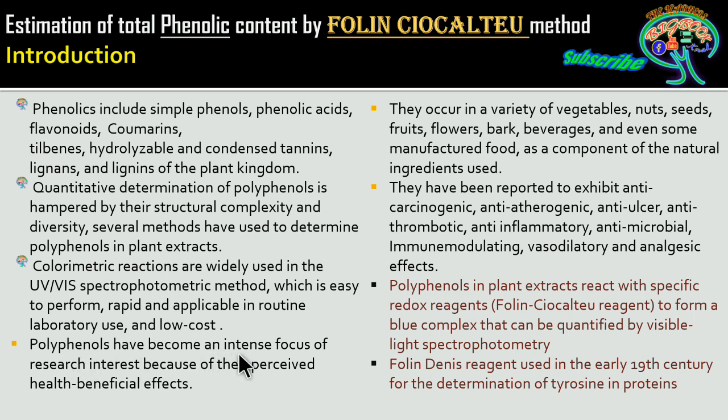Polyphenols have become an intense focus because of their health beneficial effects. They occur in a variety of vegetables, nuts, seeds, fruits, flowers, bark, beverages, and even some manufactured foods as a component of the natural ingredients used.